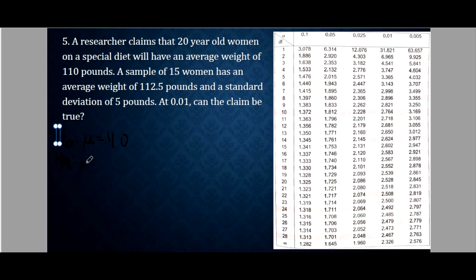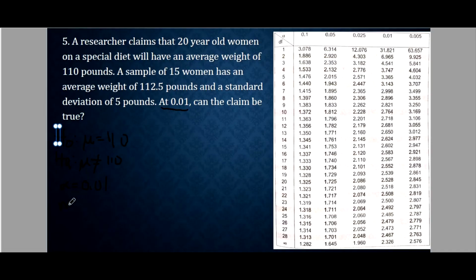Next, since that is equal sign, the symbol here is not equal. So the average is not 110 pounds. So these two now are our hypotheses. Next, our alpha. Alpha, this is 0.01. It's given here.